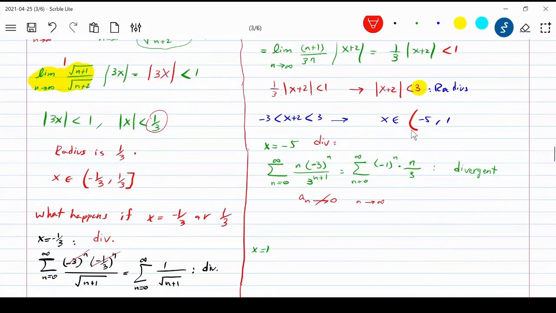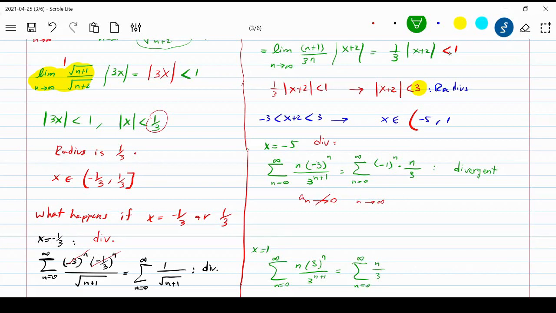What if x was 1? What happens in that case? If we replace x with 1, then what we get is the summation n from 0 to infinity of n times (1 plus 2), which is 3, 3^n divided by 3^(n+1). And you're going to see the similarity here: n divided by 3, n from 0 to infinity.